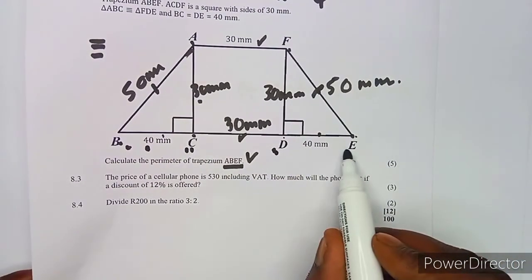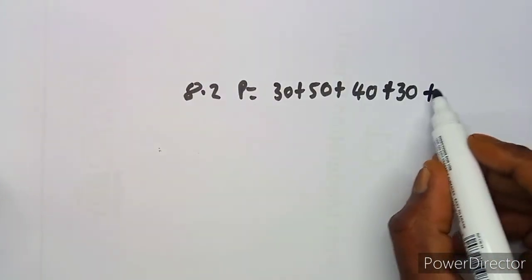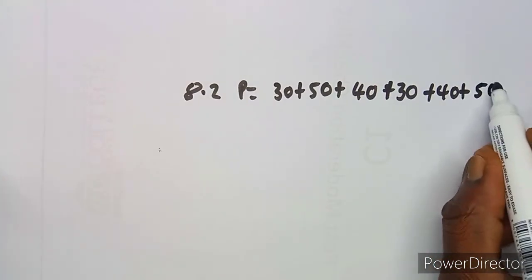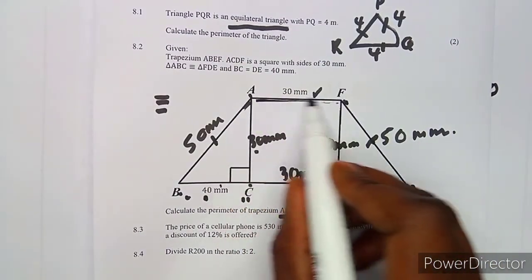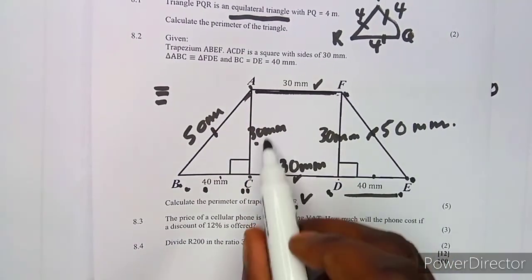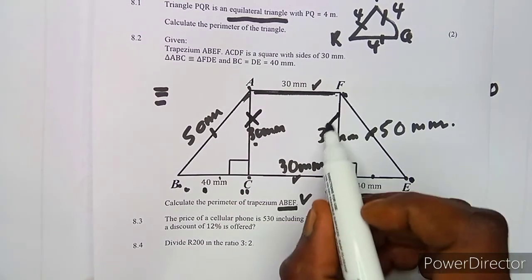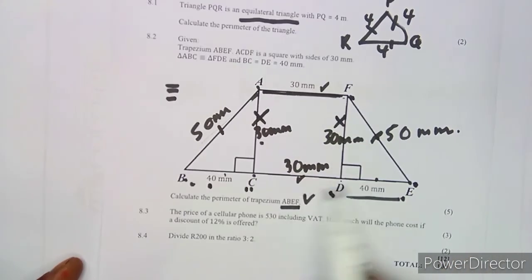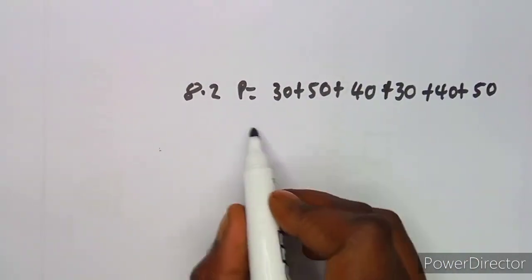Then from D to E, which is 40, plus from E to F, which is 50. Then this one is the one that we started with, so you don't write it again. These ones are not included. Perimeter is the distance right round, not inside, but right round the shape. That is the perimeter there.